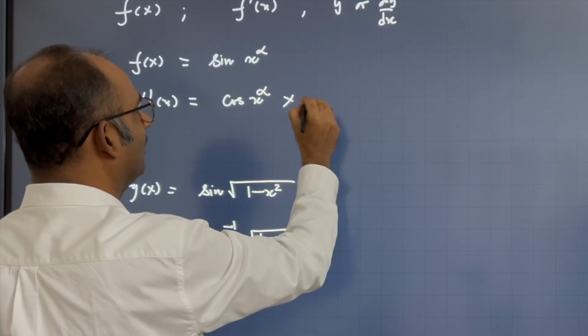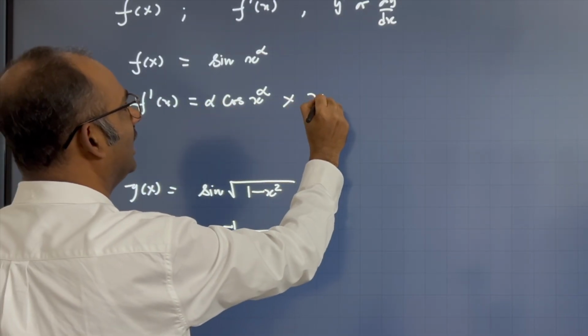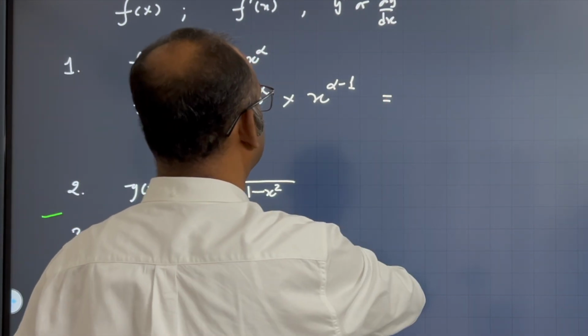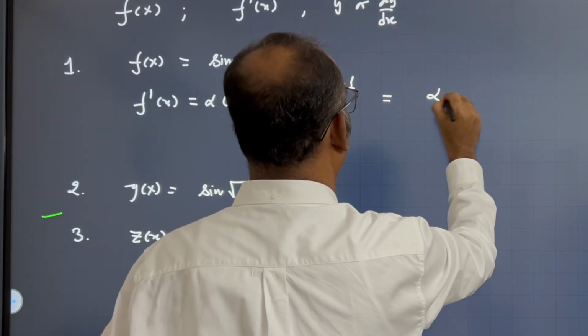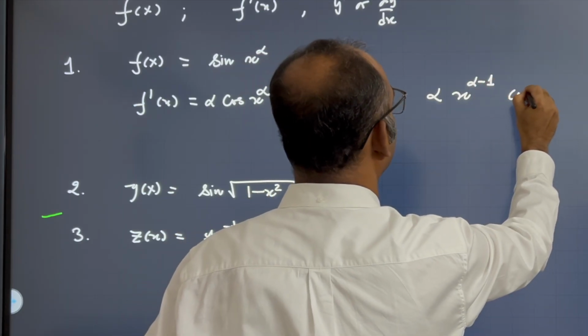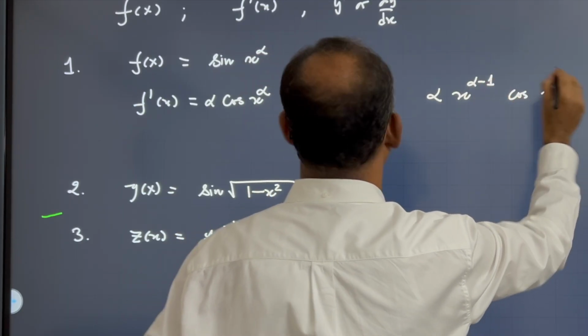Derivative of this is alpha times x power alpha minus 1. A neater way of writing it will be alpha x to the alpha minus 1 cos of x raised to the power alpha.